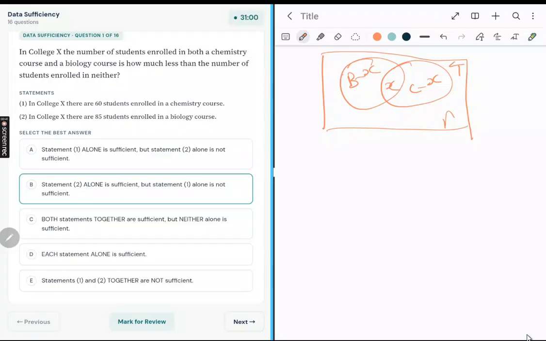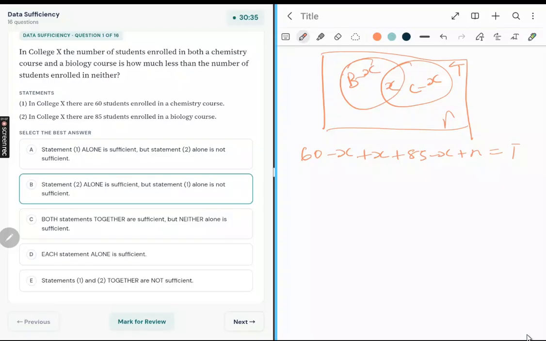If we combine them together, what we are going to get is something like 60 minus S plus 85 minus S, 60 minus S plus 85 minus S plus N equals the total.